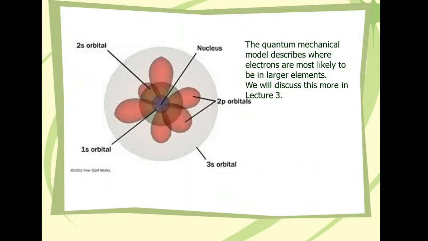So this is a picture of the quantum mechanical model and a couple of the first orbitals that we'll talk about. This is going to be more in lecture 3, where we're going to get into how these orbitals work. But these are not exactly where the electron is, but where the electron is most likely to be.